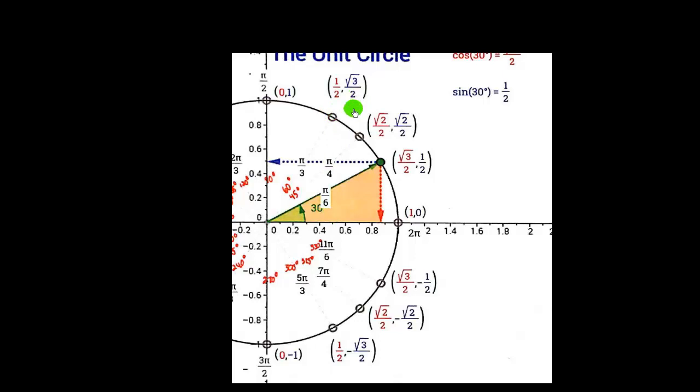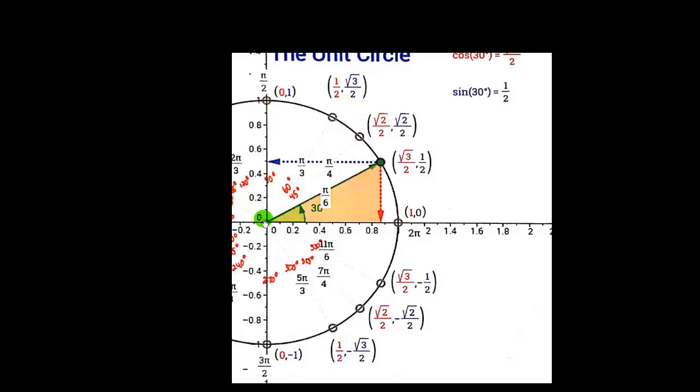For what are called the quadrantal angles, the 0 degrees, the 90 degrees, the 180 degrees, the 270 degrees, and the 360 degrees, you just go by the coordinates. If you start here at 0, 0, and you move to the right 1, your coordinates are 1, 0. If you start at the origin and you move up 1 unit, your coordinates are going to be 0, 1.